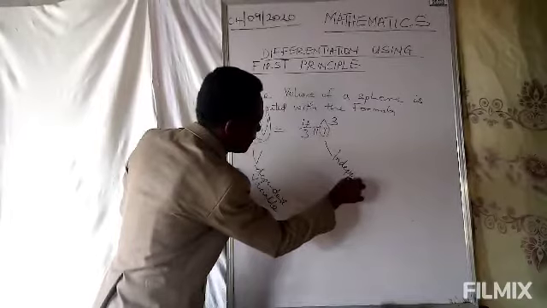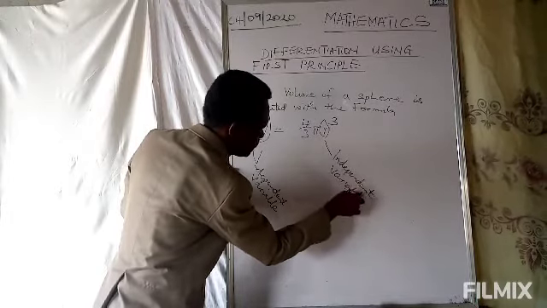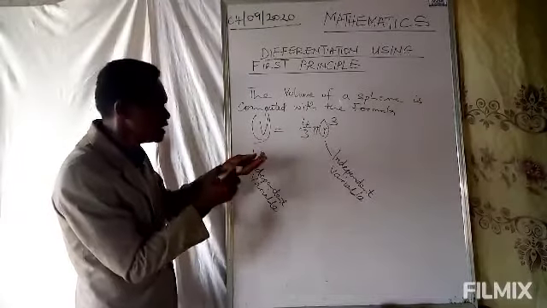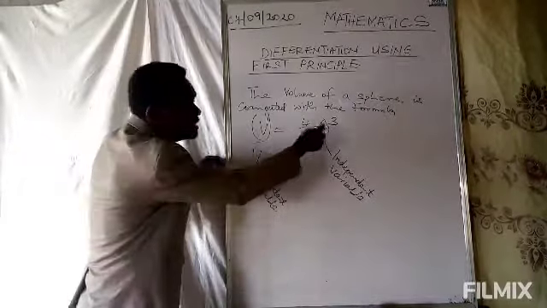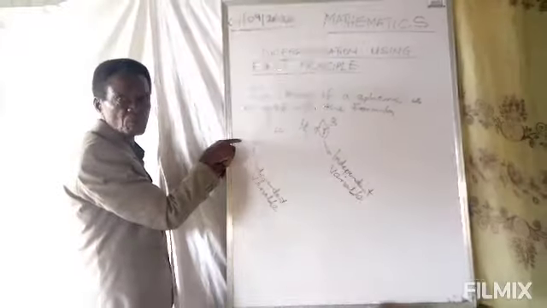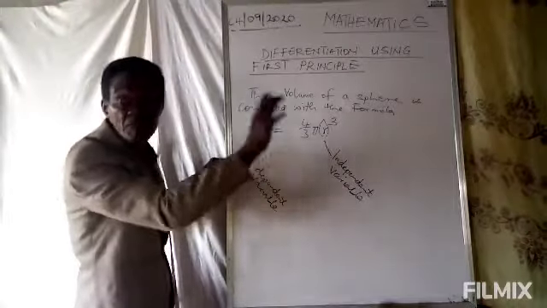So with increase in r, it also affects the increase in V, in the volume. So that's why V and r are the two variables.